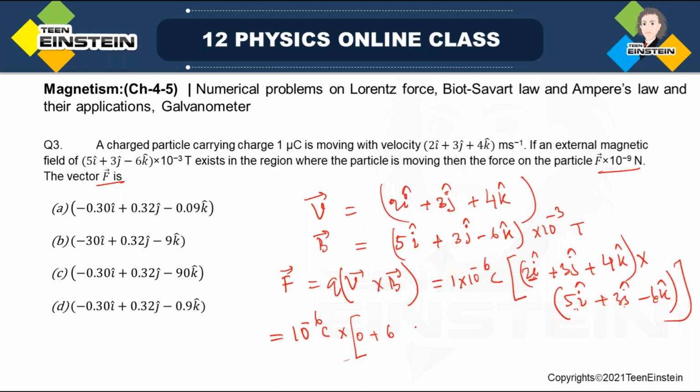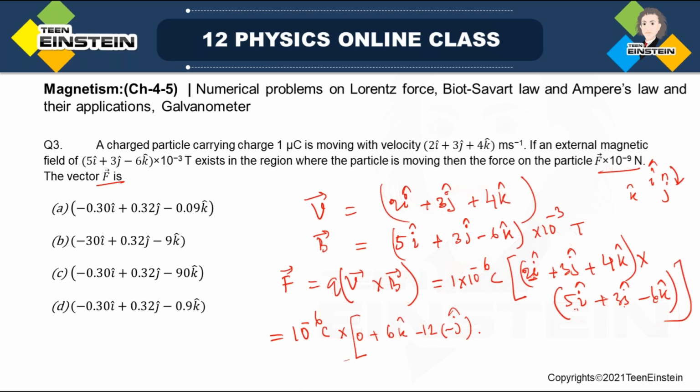So 6 i j, see i, j and k. Cyclic rule: when you go clockwise, i cross j will give you k cap. Anti-clockwise direction will give you the negative of the unit vector. So this is 2 i into minus 6 k. So the magnitude of this cross product will be minus 12. And along with that, see this 2 i cross k. i cross k will give you minus j cap.